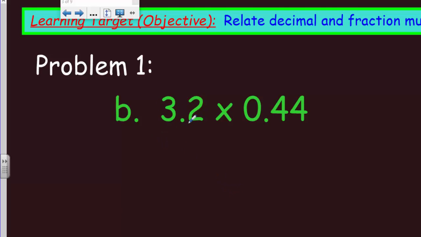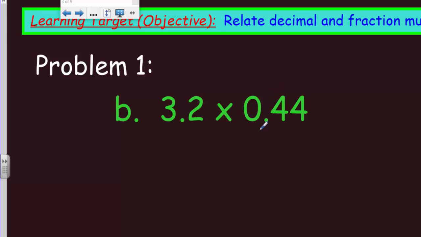Now we have 3.2 times 0.44, 44 hundredths. We want to go ahead and do an estimate here first. 3.2, in this case, is basically 3 copies of about a half. 0.44 is almost a half, so that's like 3 halves.